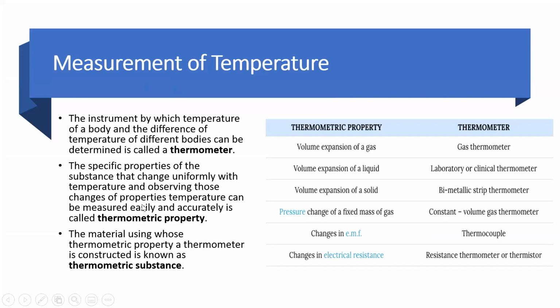For that, there are specific properties that change uniformly with temperature. For example, some gases, when they are heated, expand, or their volume increases. And in certain gases, this change in volume is uniform.